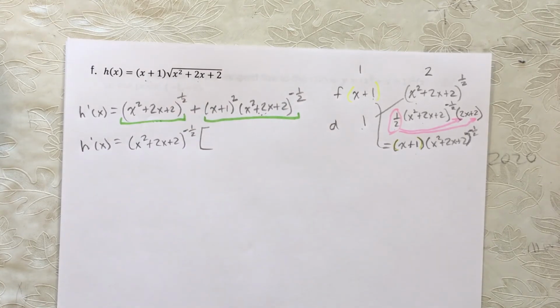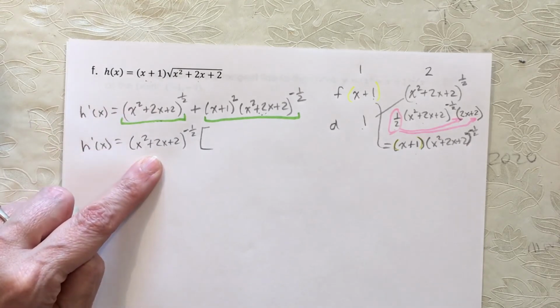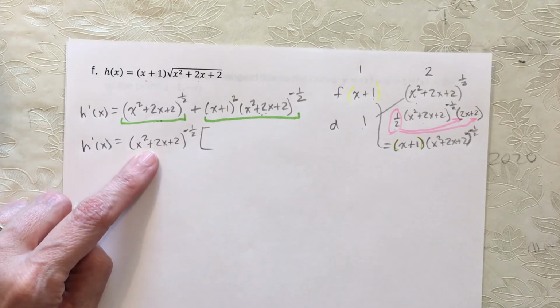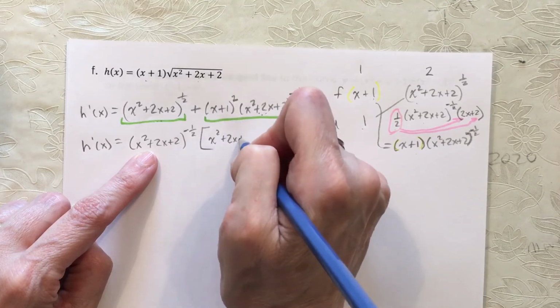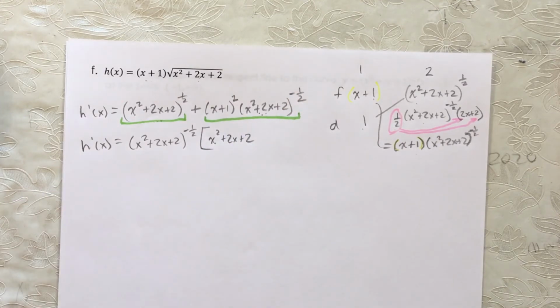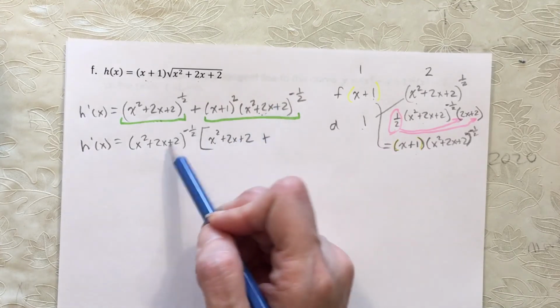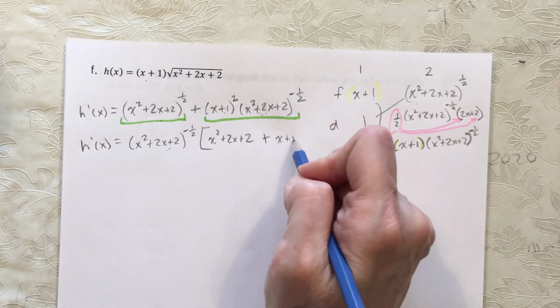And now I'm going to divide each green chunk by the greatest common factor. So something to the half divided by the exact same thing to the -1/2. Again, that gives me whatever it is to the +1, so it's going to be x squared plus 2x plus 2 all to the 1. Then plus, so these divide out in the second chunk, left with x plus 1 squared.